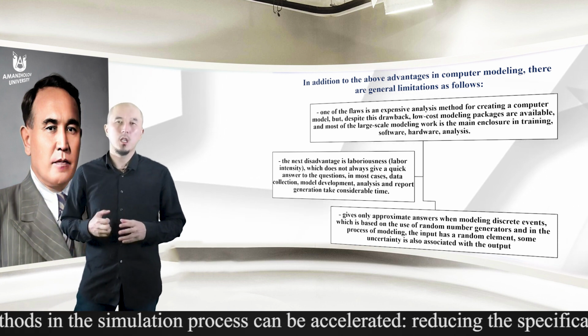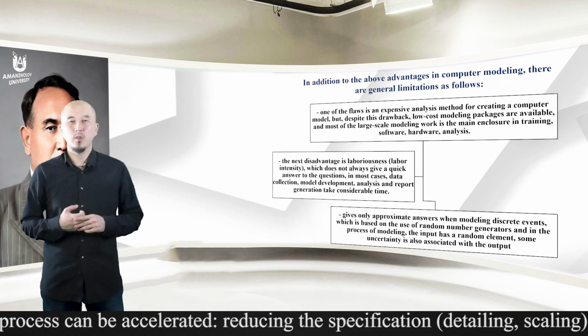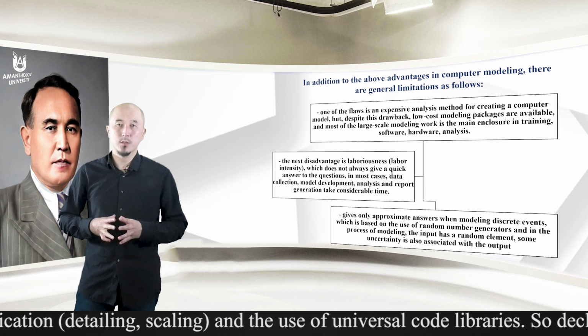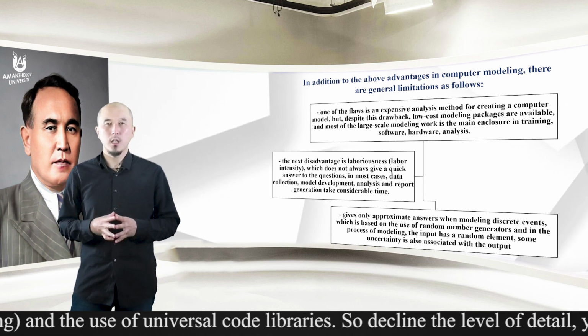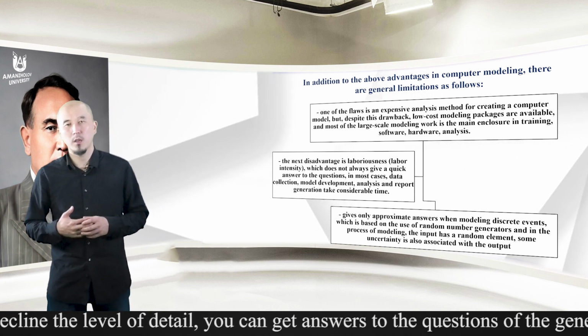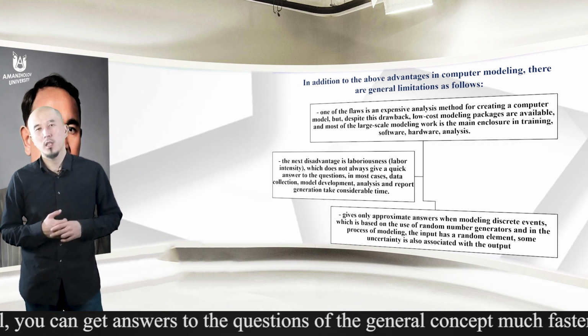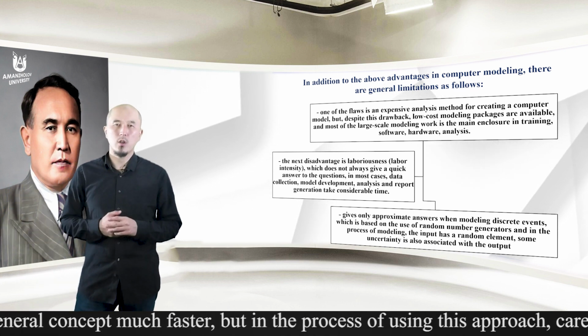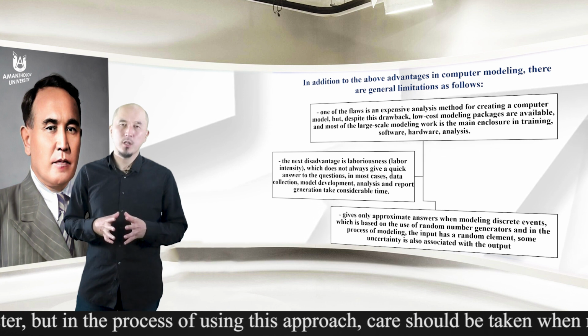Two methods can accelerate the simulation process: reducing the specification, detailing, and scaling, and the use of universal code libraries. By declining the level of detail, you can get answers to questions of the general concept much faster.